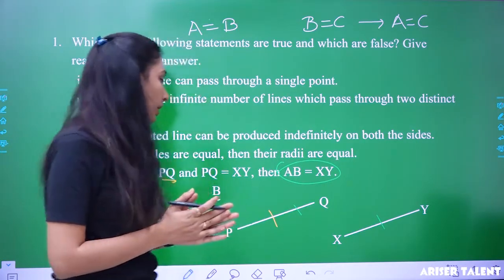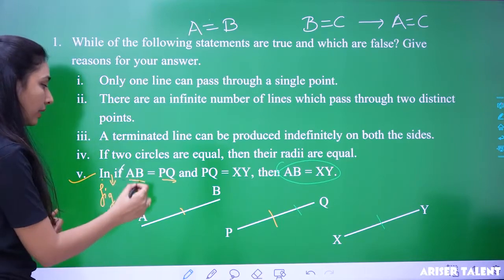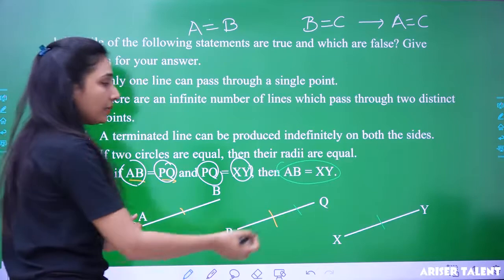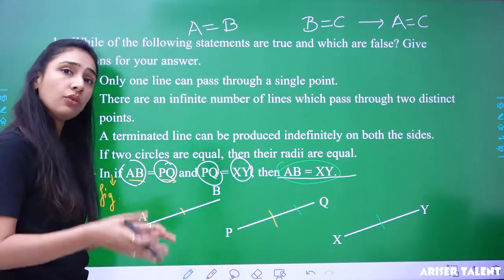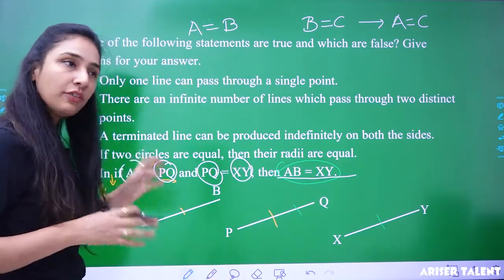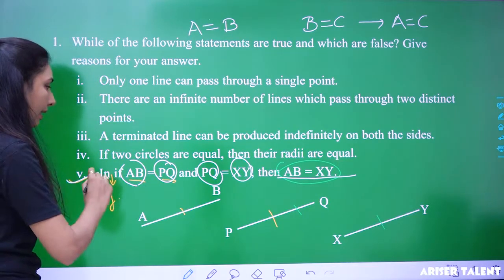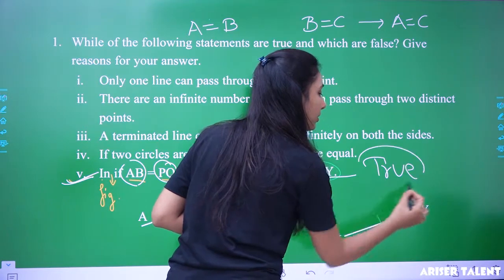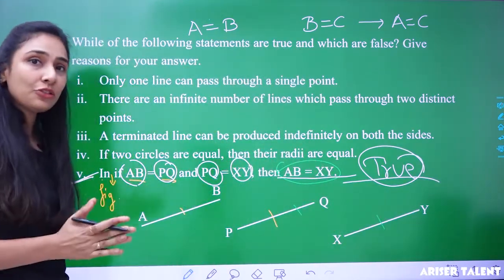So if AB equals PQ and PQ equals XY, then yes, AB equals XY. We can credit Euclid again for this, that yes, it is true. Understood? Alright.